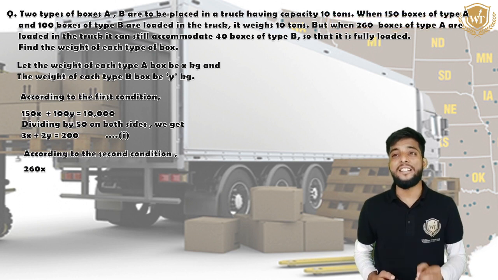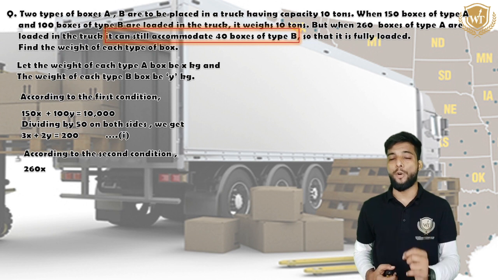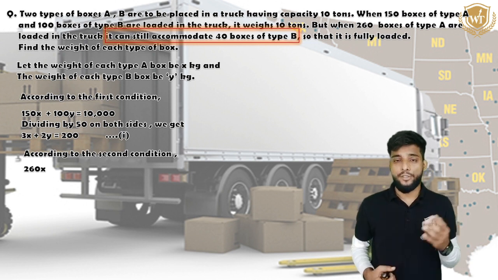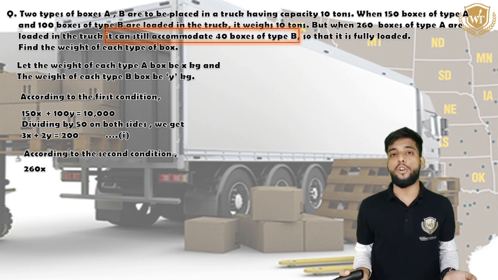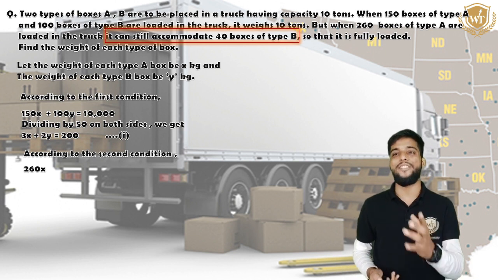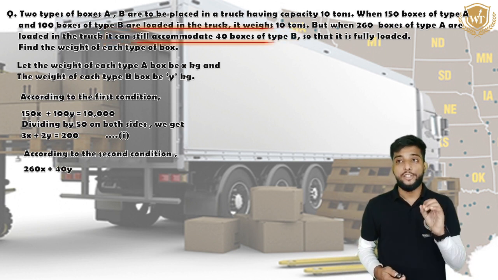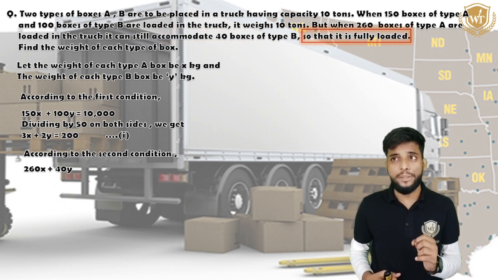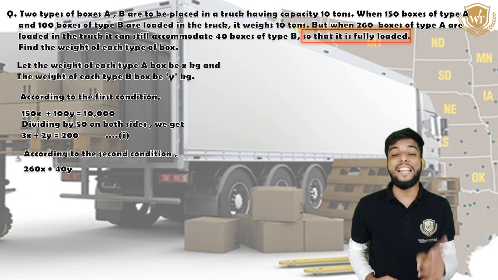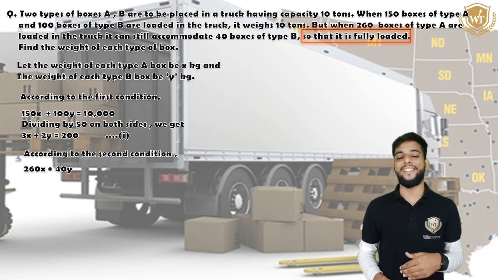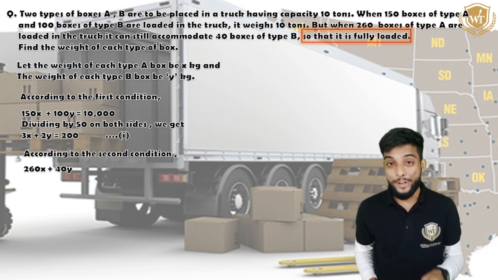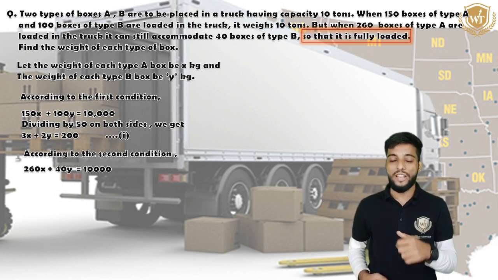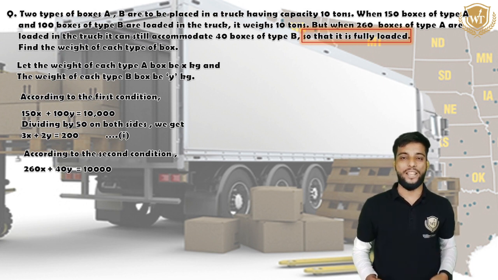It can still accommodate 40 boxes of type B. 40 into weight of each box. कितना था? y. मतलब we'll have 40y, so that it is fully loaded. Fully loaded मतलब कितना हो जाएगा? The capacity was 10 tons. तो यहाँ पे क्या लिखेंगे? 10? No, because it was written in tons. We'll write 10,000 because we have converted the tons into kg, students.